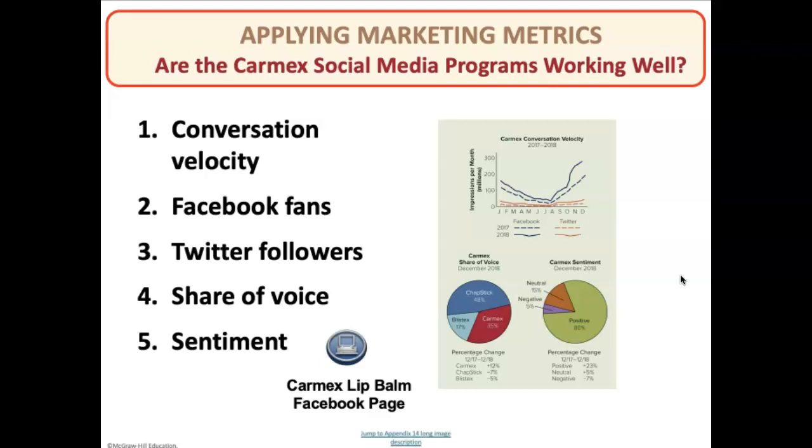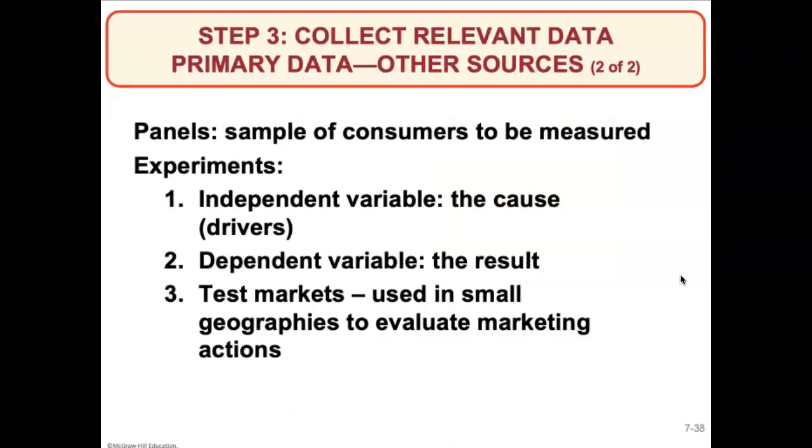So you look at how Carmex uses social media programs. Other primary data sources, panels. Consumers could participate on a panel. You can also do experiments where you have independent and dependent variables. These would, again, take more time, take more effort, and the more you go into some things like this, it gets a little bit more expensive.